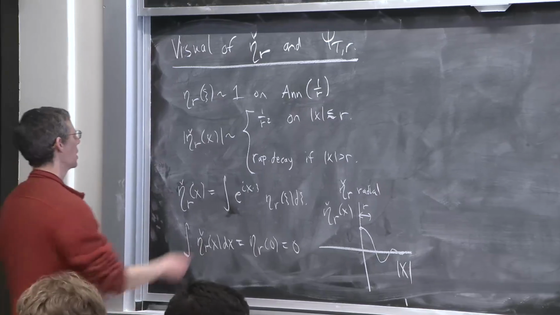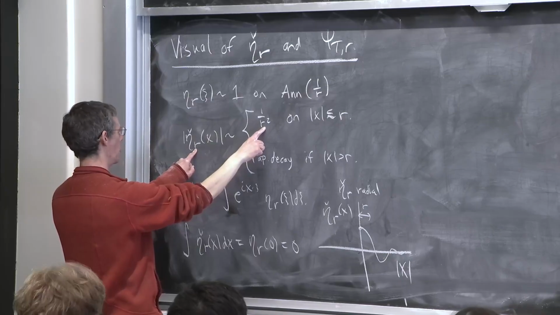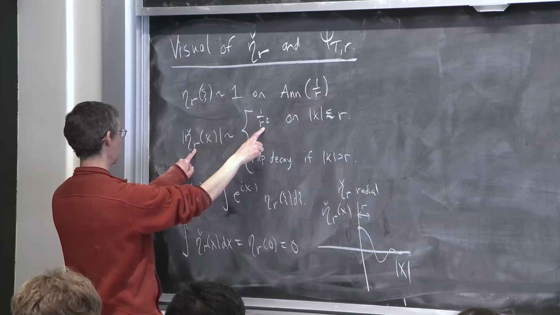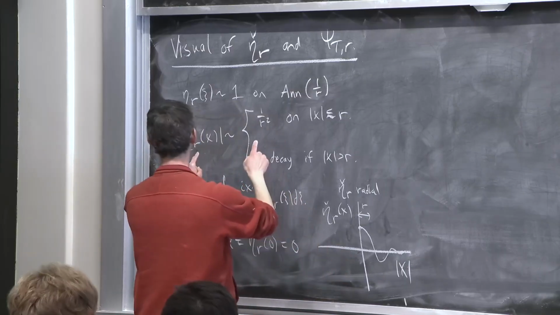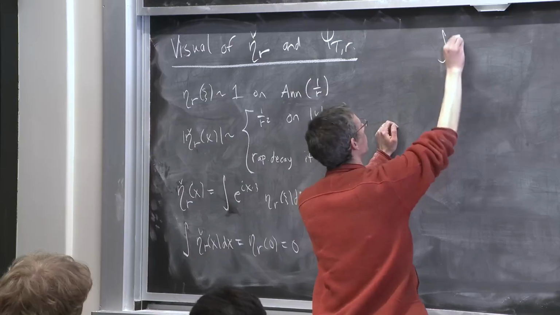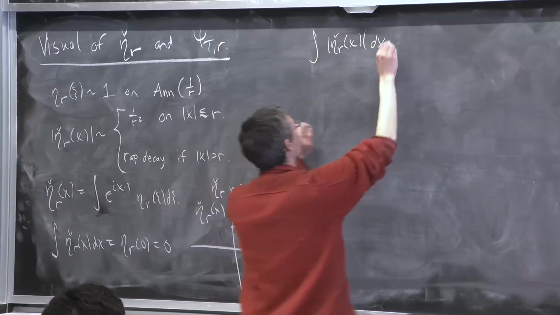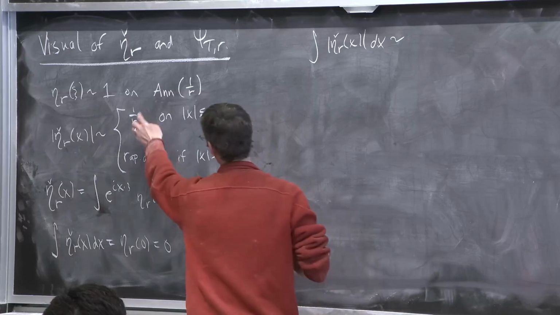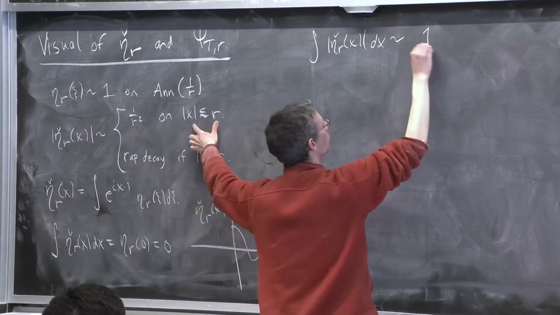OK. Now, these different exponents here work out nicely. And a way to describe it is that if I take the integral of the norm of eta r check of x dx, well, it's around 1 over r squared times the area of the ball of radius r, which is 1.